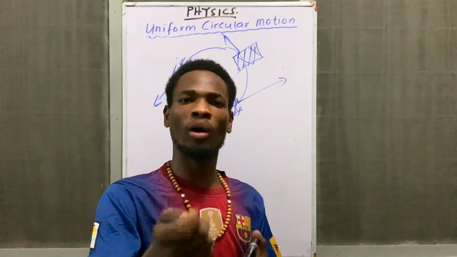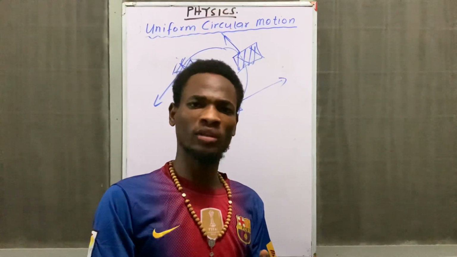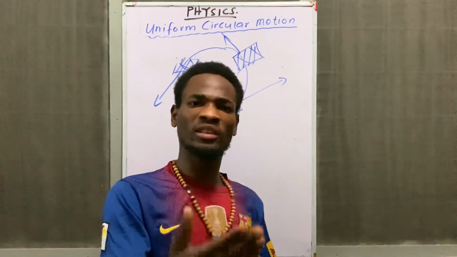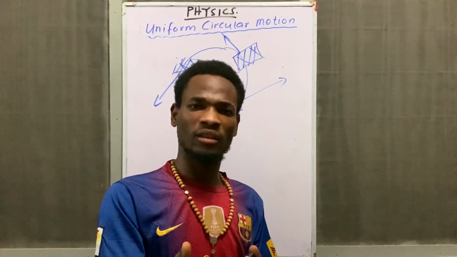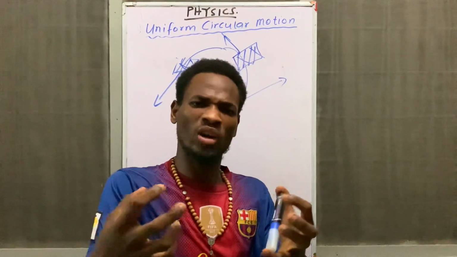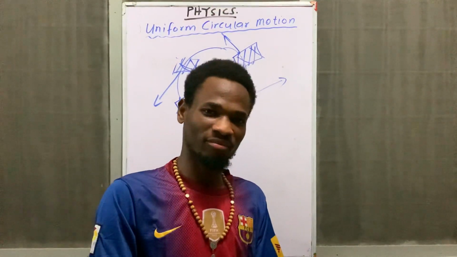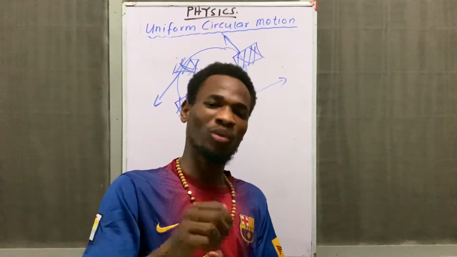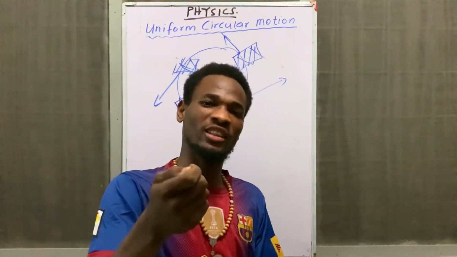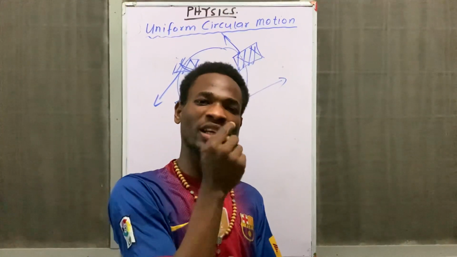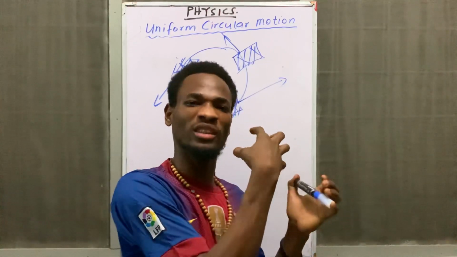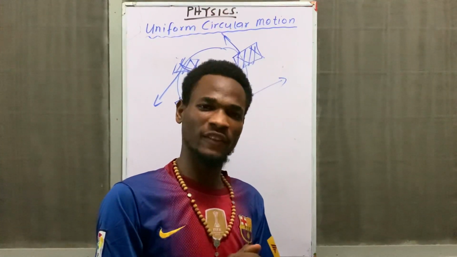You can employ velocity over here because velocity is more pronounced when there is a direction. Please, are you okay? So because the direction keeps changing, we say velocity. That's where we can introduce the word velocity over here.